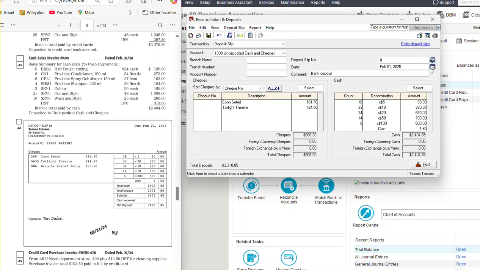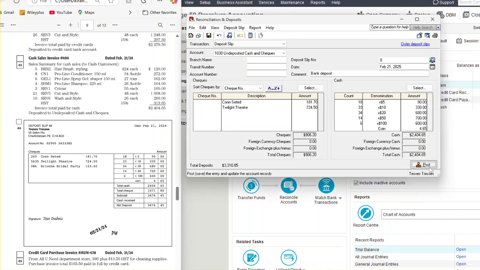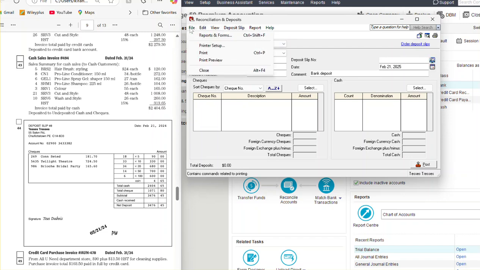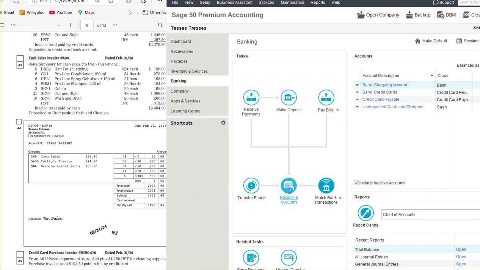The deposit date was February 21st. I'm going to go back and see if I could do the deposit 6th and the 7th. So let's see if I could add it. Hold on. I am going to go to my deposit slip.